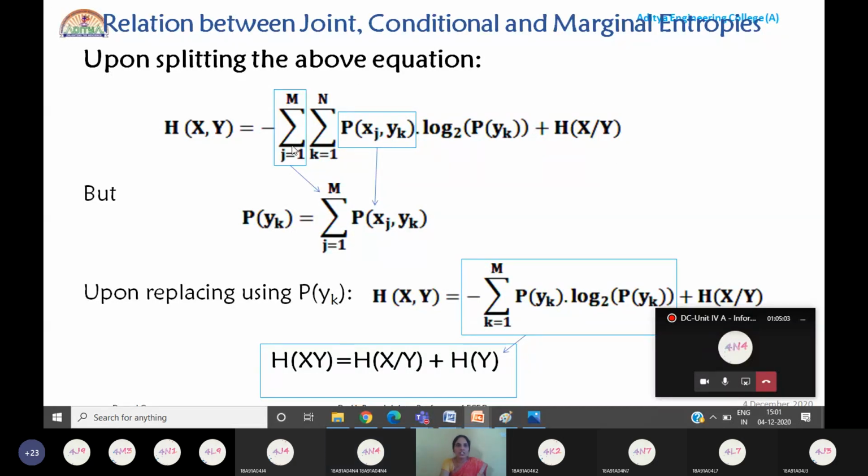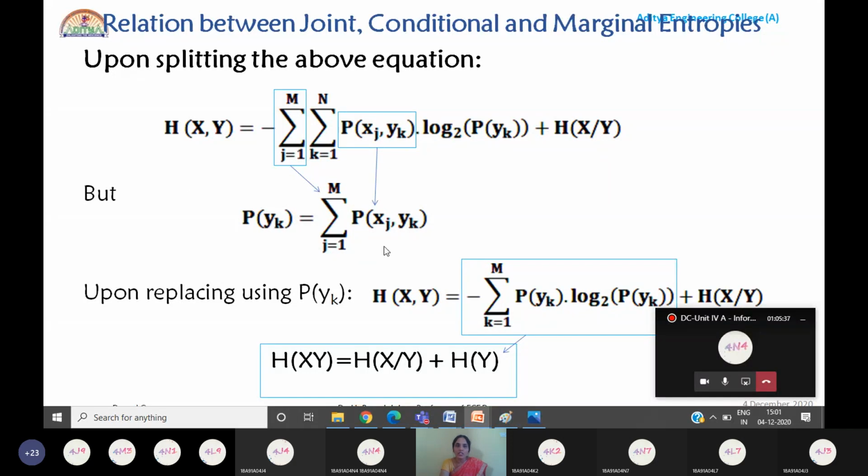Now if you observe the first term carefully, here summation j equal to 1 to m p of xj comma yk, that means we are completely replacing j, that is x. So you will get only the p of yk value. Already in the second or third slide I have given this relation: p of yk is summation j equal to 1 to m p of xj comma yk. So using this relation, you can replace it as p of yk.